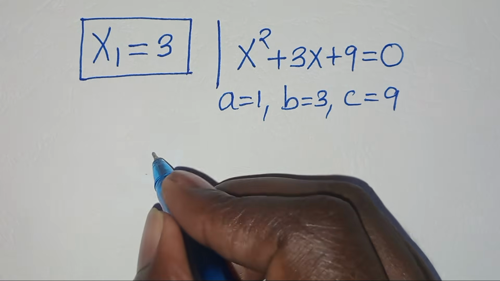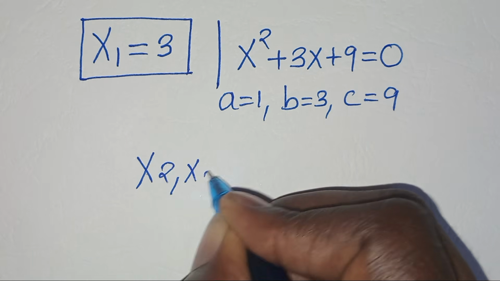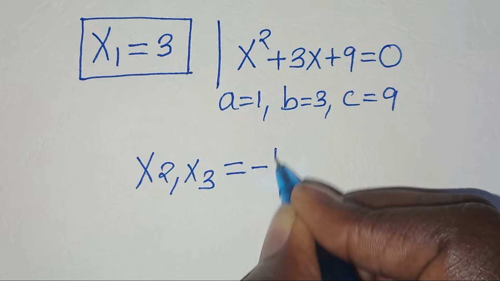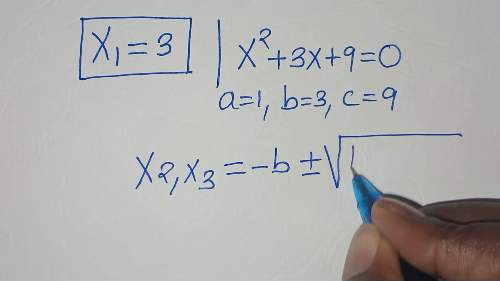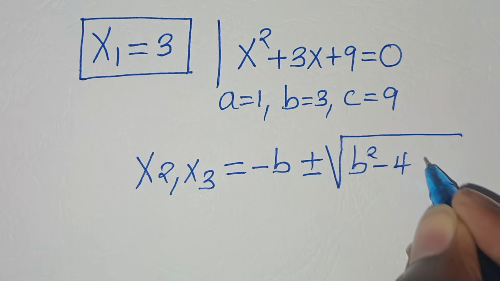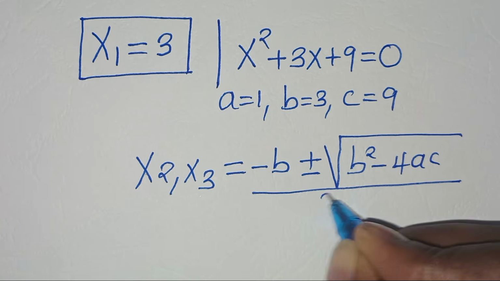Now let's solve for x2, x3 by applying the quadratic formula, which is minus b plus or minus the square root of b to the power of 2 subtract 4ac, divided by 2 times a.